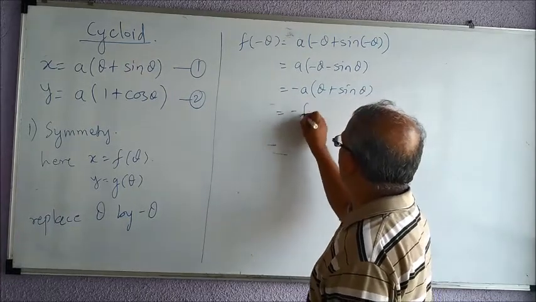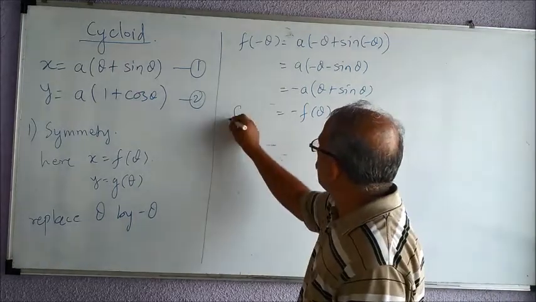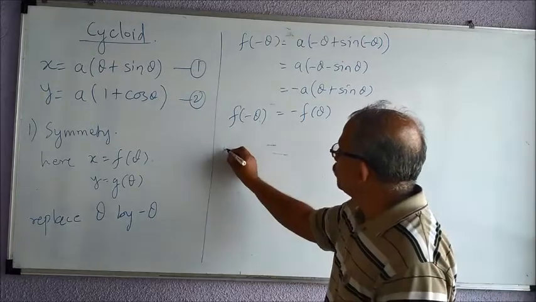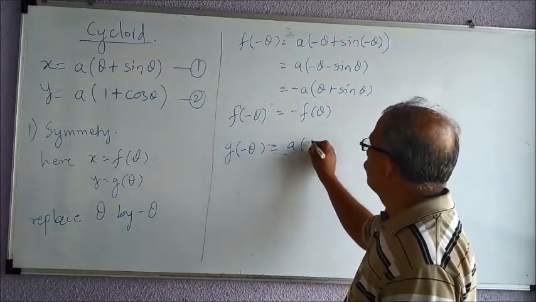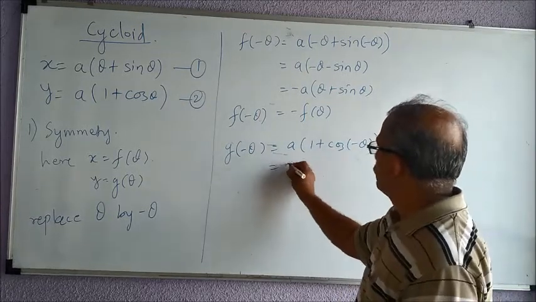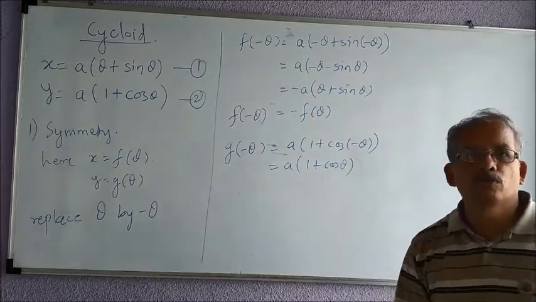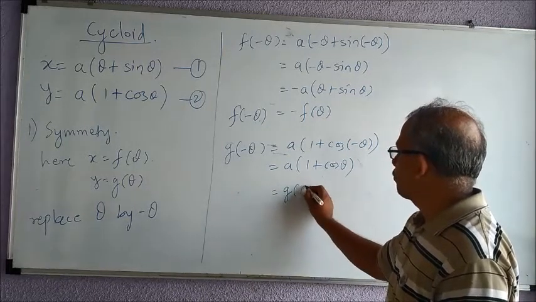So it is minus of f of theta. So f of minus theta is minus f of theta, and g of minus theta will be a into 1 plus cos of minus theta. So it is a into 1 plus cos theta, because we know that cos of minus theta is cos theta. So it is g of theta.